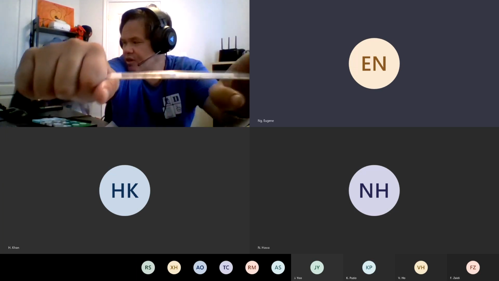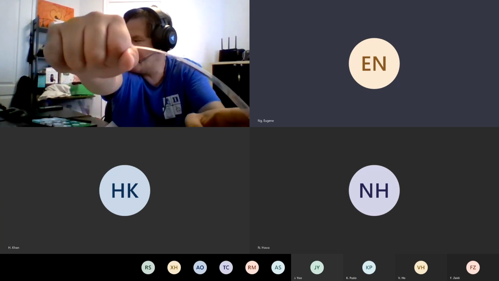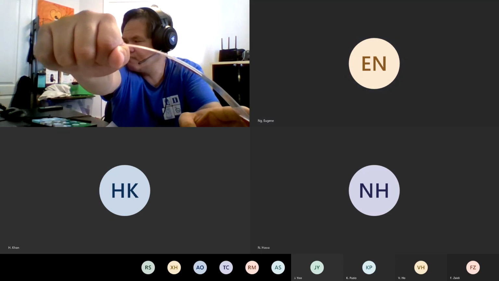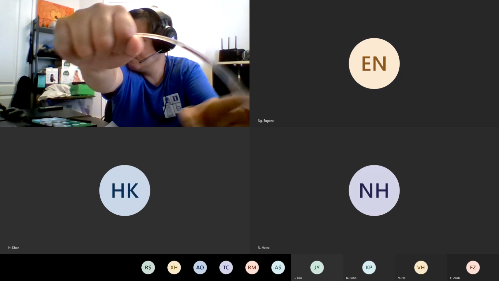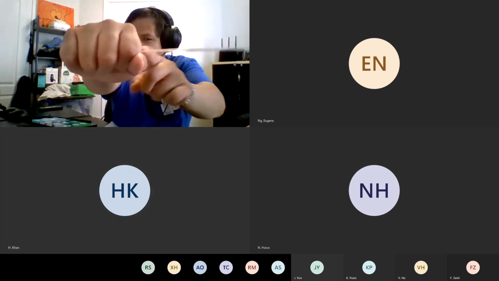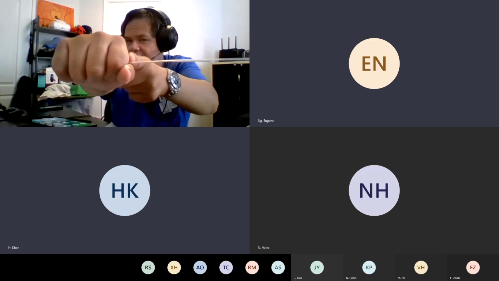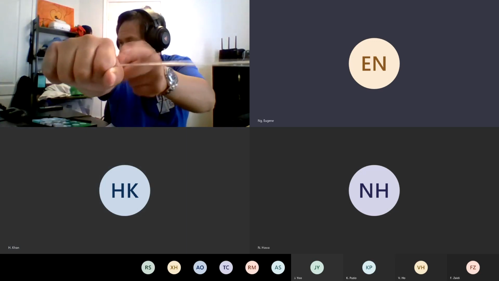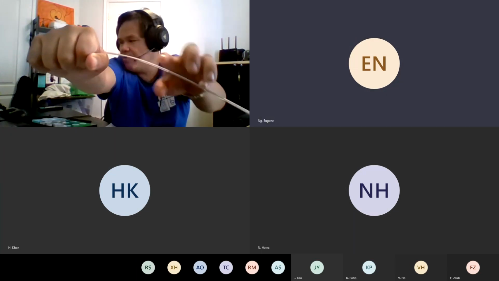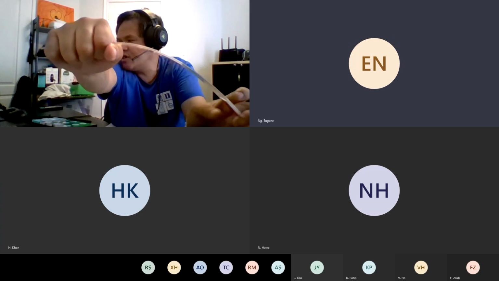What is the angle equal to? Can anyone tell me? 0. Yeah. If you look exactly at where my fist is, when I bend it, it's equal to 0. The slope is equal to 0. Further away from my fist, you have a slope. You see a slope now.